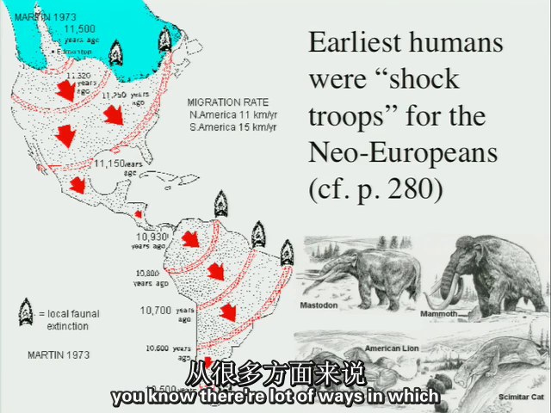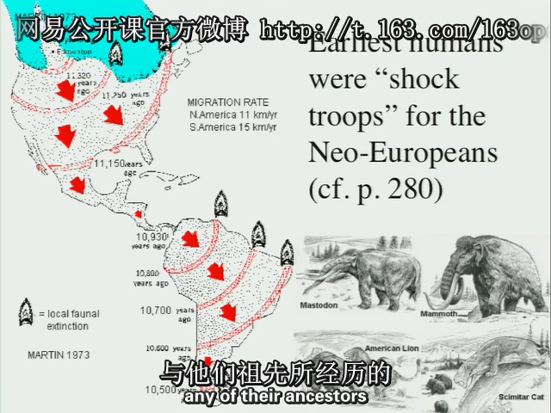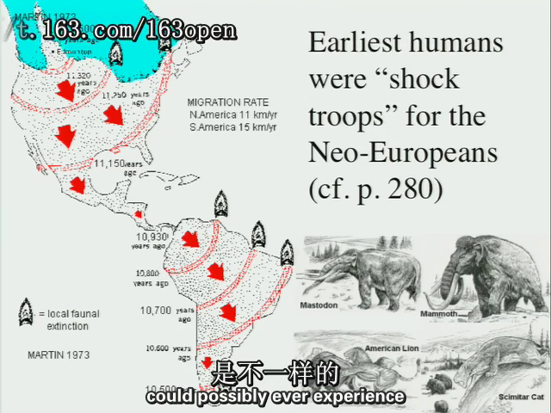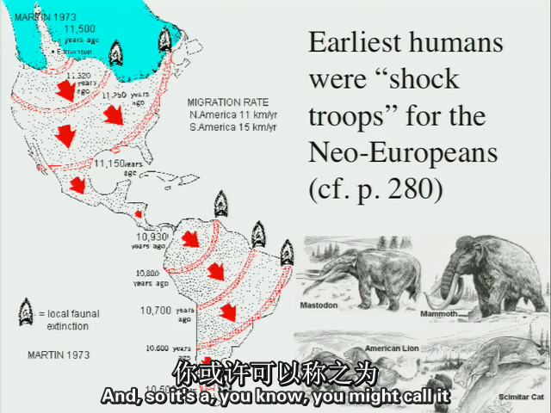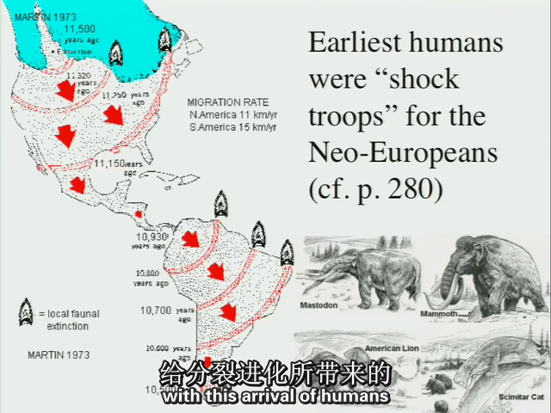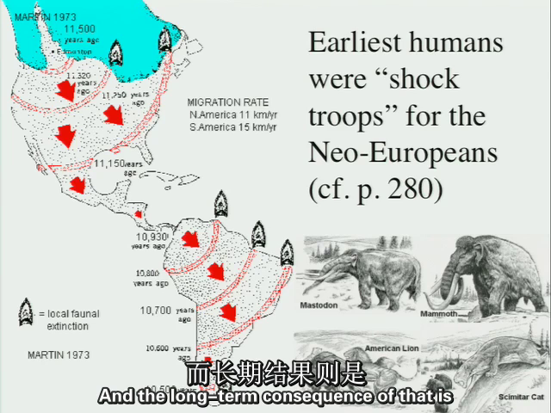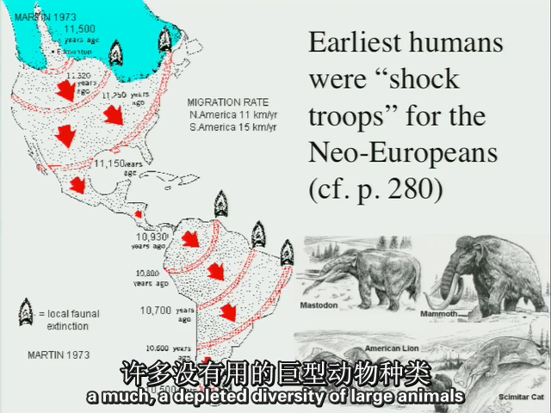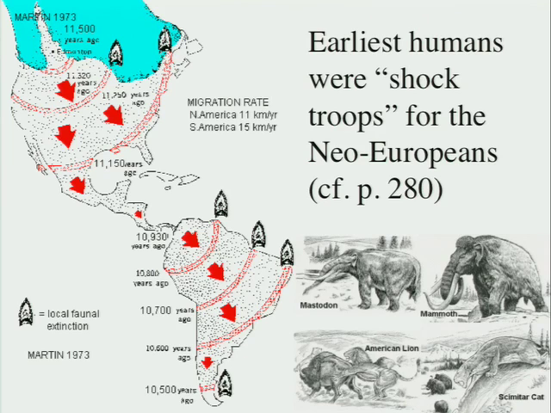They had bigger brains. There were a lot of ways in which humans were different from what the ancestors of these animals could possibly have experienced. And so you might call it dumb luck, right? Or it's a consequence of divergent evolution with this arrival of humans superimposed on it. And the long-term consequence of that is a depleted diversity of large animals that can be domesticated.